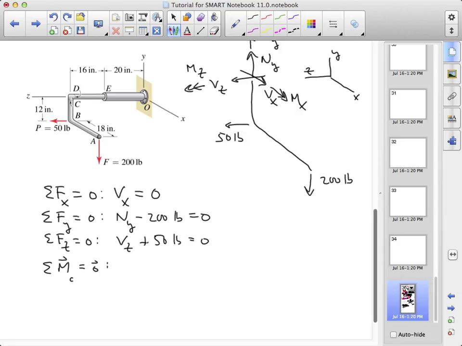And we have at C, we have Mx in I plus My in J plus Mz in K. Looking at the 50-pound force, our position vector from D to B is 12 inches in the minus J direction. We're crossing that into 50 pounds in the K direction.